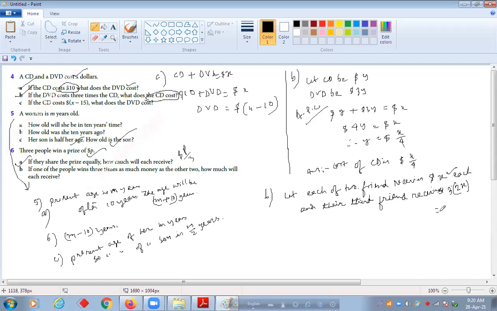That means total 6X dollars. So total amount is X plus X plus 6X, that means 8X. Total 8X dollars.